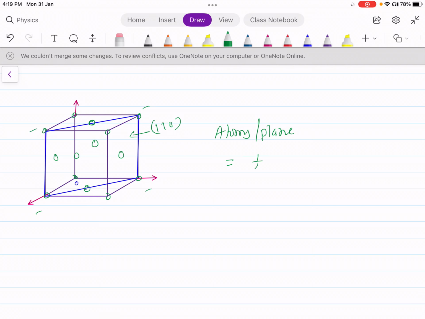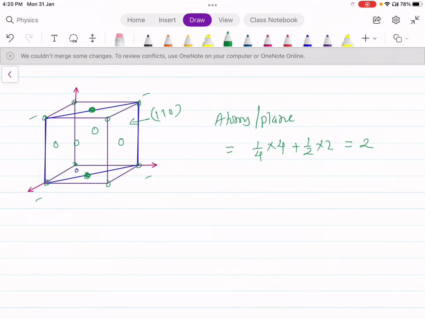Share of each is 1 by 4th. So 1 by 4th into 4, plus 2 are here, this face center and this, these 2. They are shared by 2 planes, so its contribution is half into 2. So atoms per plane are 2.